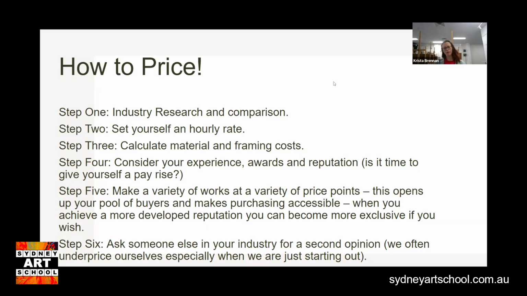How much are they pricing their work for? Where you might find that information would be on their website, or if they're selling through a gallery, the gallery website will often have their prices, or they might be selling things on online sales places like Blue Thumb, and that will also list their prices.